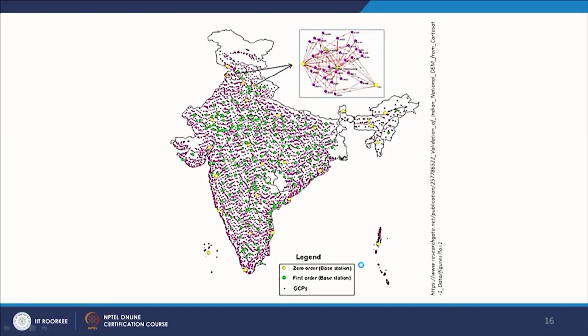That is why if you go to the Bhuvan portal, you would find that there are different versions. First they had version 1, then version 2, and currently they have version 3. Assuming that version 3 is more accurate than, obviously, version 1.